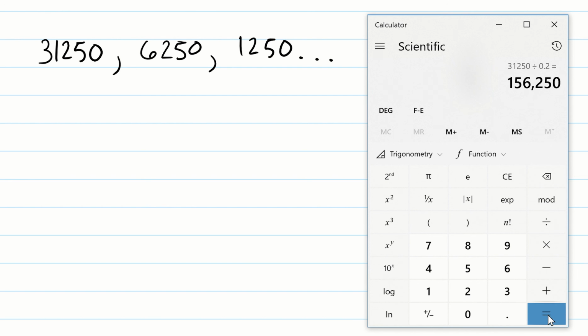I'm going to go ahead and just divide by 0.2. And when I do that, you can see the number I get, 156,250. But I want you to also see that if I took the 31,250 and I multiplied by 5, it's the exact same number.